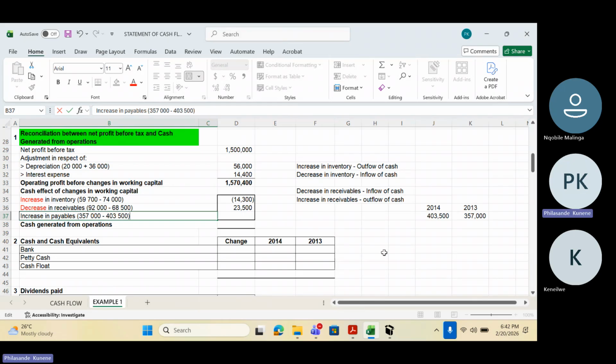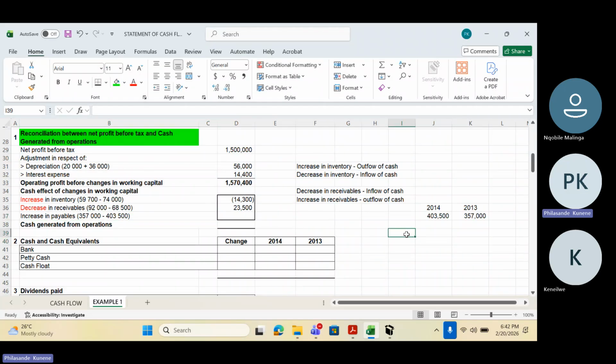Okay, let's create a scenario again. Because my payables have increased, right? Which means now I'm the one who's owing. I was owing 10 people last year. Now I'm owing 15 people.